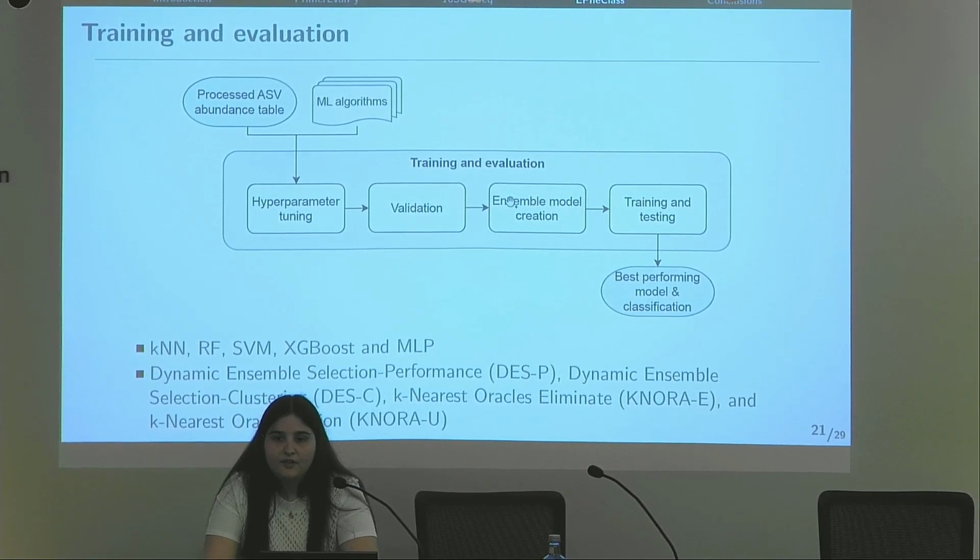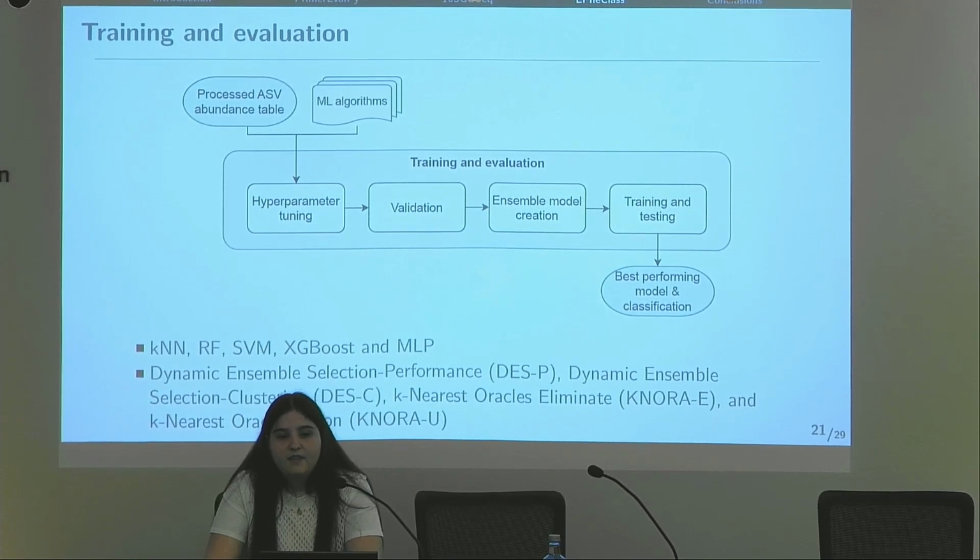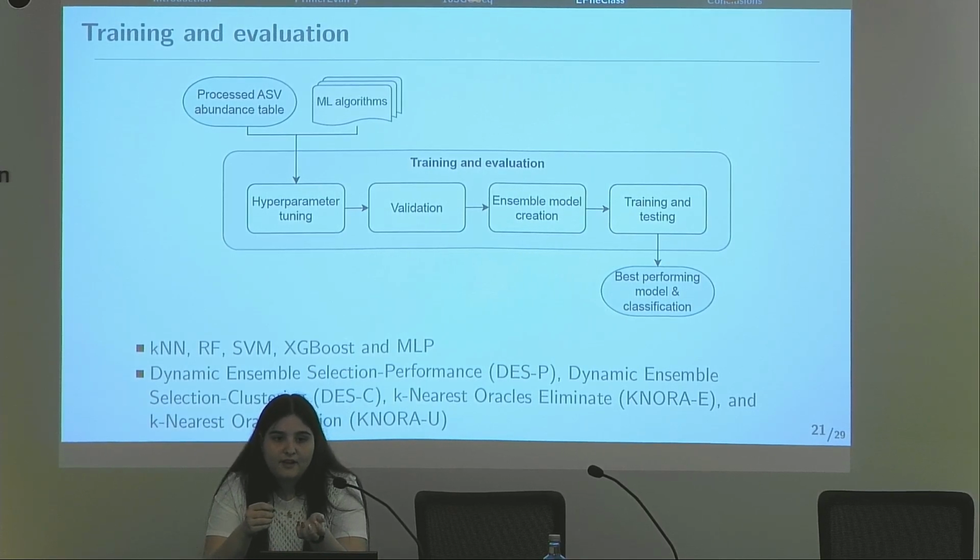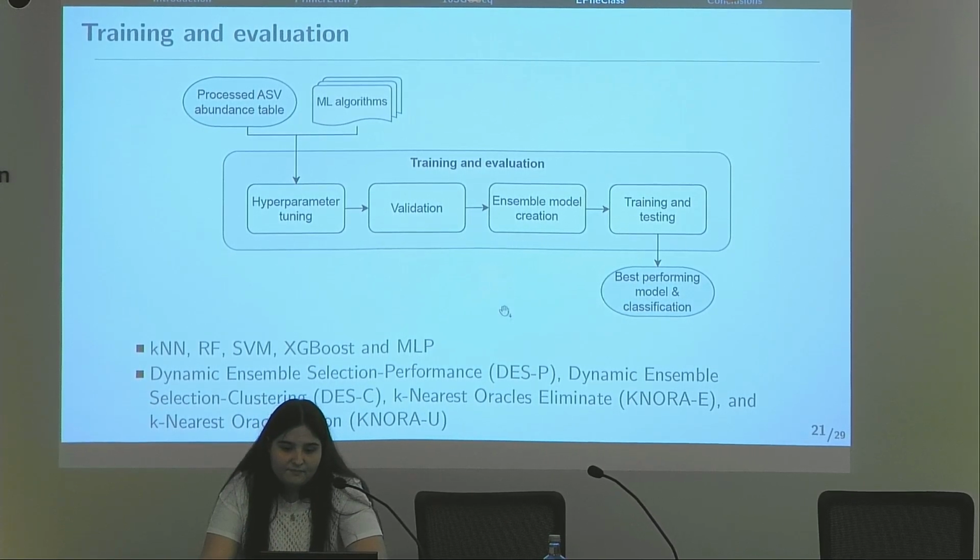To create these ensemble models, we decided to use dynamic ensemble selection techniques that choose the best possible ensemble for each new sample that we're trying to classify. The idea behind this is that not every individual classifier has to be an expert on classifying every unknown sample, but rather each classifier can be an expert in a local region of the feature space.